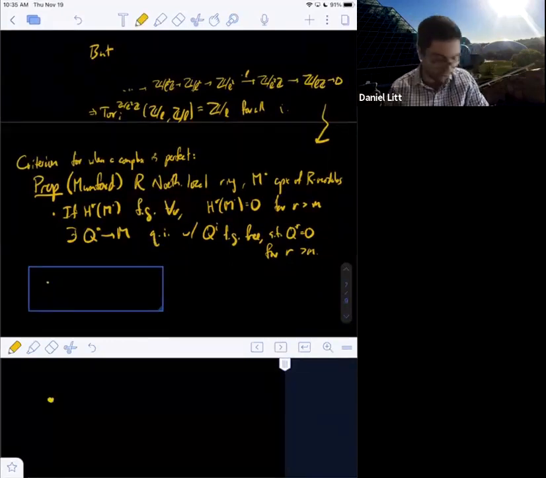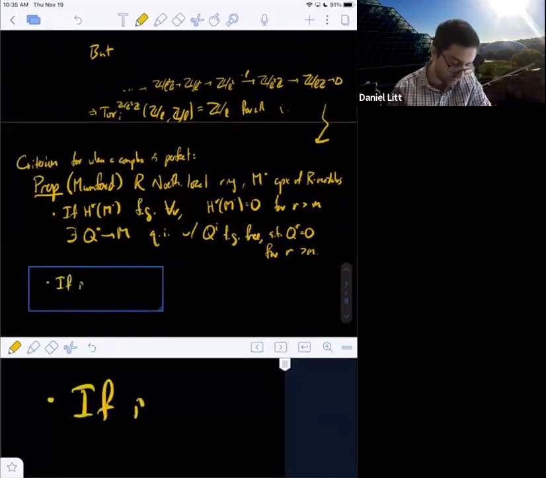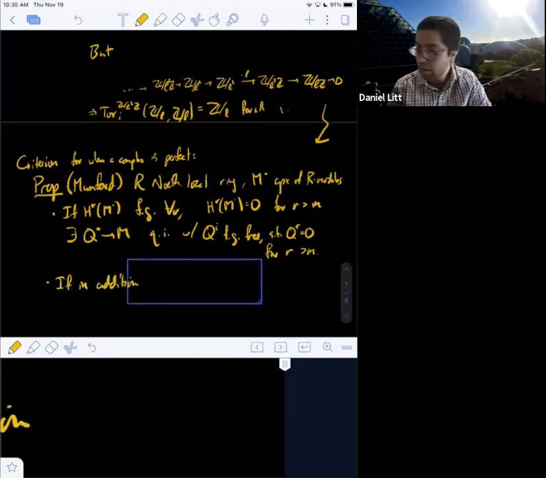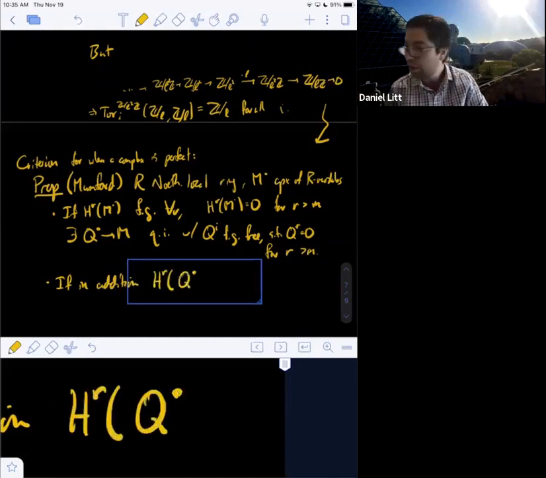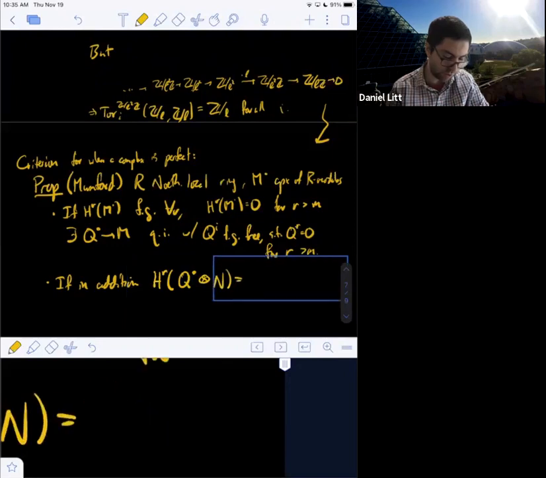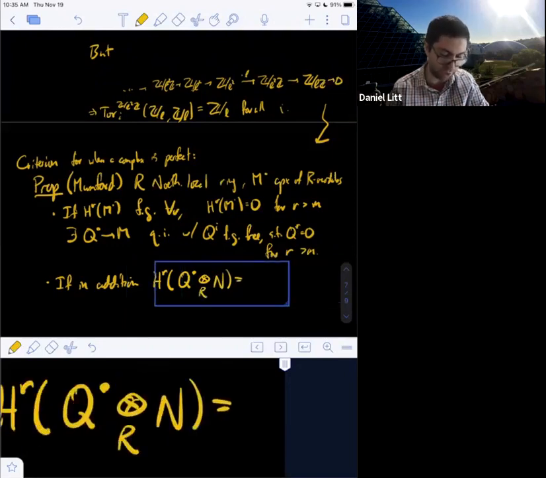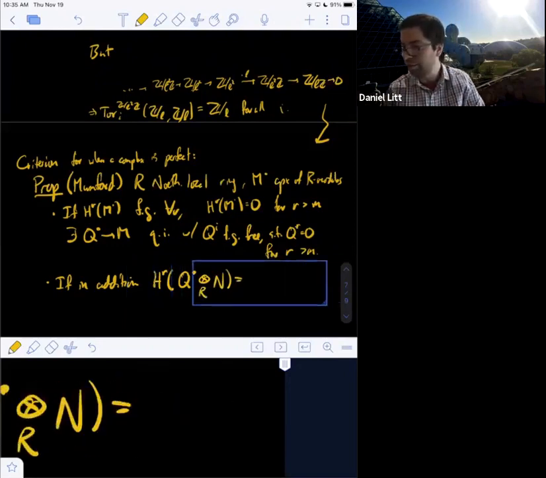All right. So this statement is pretty easy. Okay, and then if in addition, now we have this Q, so H^r of Q tensored over R with N, here this N is going to be an arbitrary R module, I'll write that down in a second.